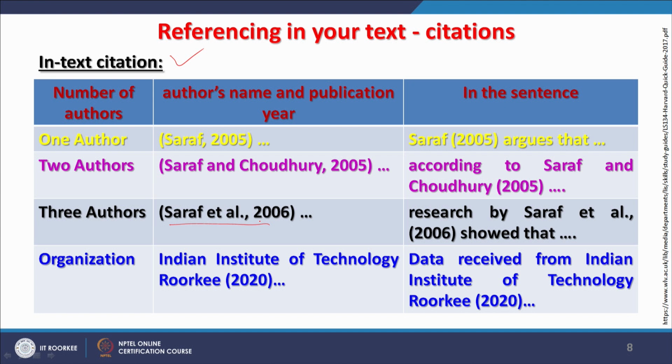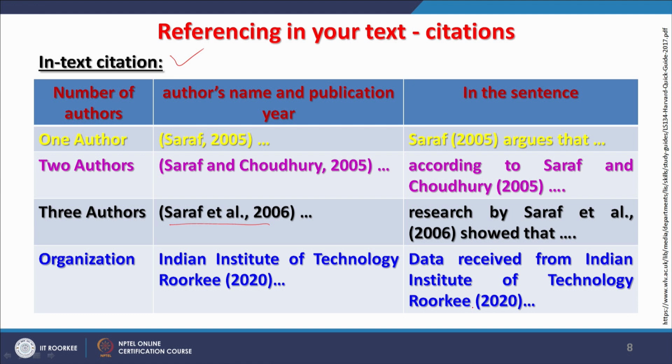Then if there are organizations who have supported, there might not be a single author; you may have taken from a portal or a publication which is by an organization board, not by an individual, then you can write a reference something like this. So, this is how the in-text citation works.